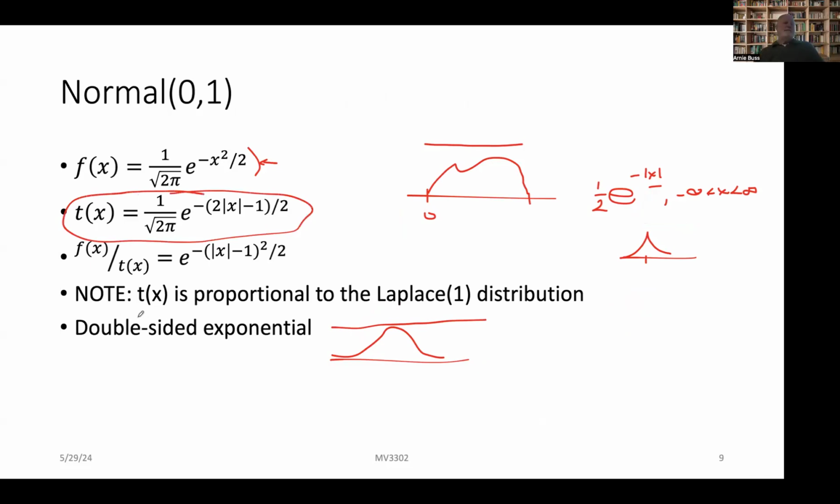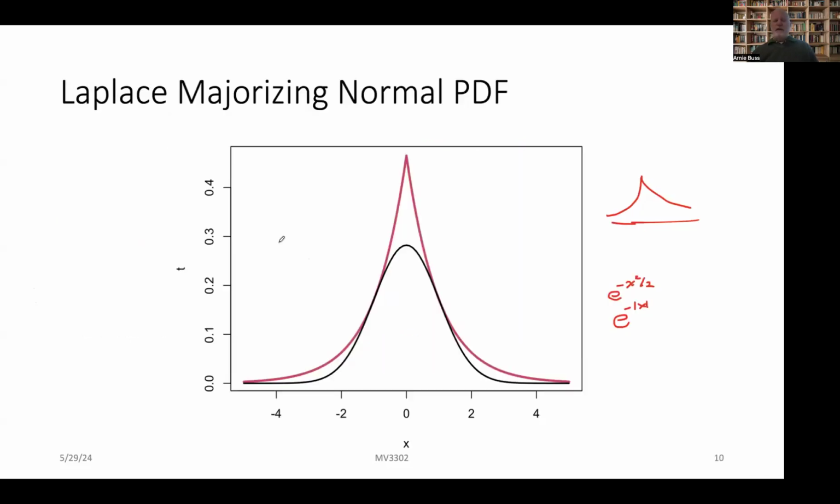And then miraculously, when we look at the ratio of the two, we get an interesting expression, which is fairly not too bad. So it's e to the minus, absolute x minus 1, the whole thing squared, all over 2. That's kind of the ratio. And the key here is that we can generate from a Laplace.